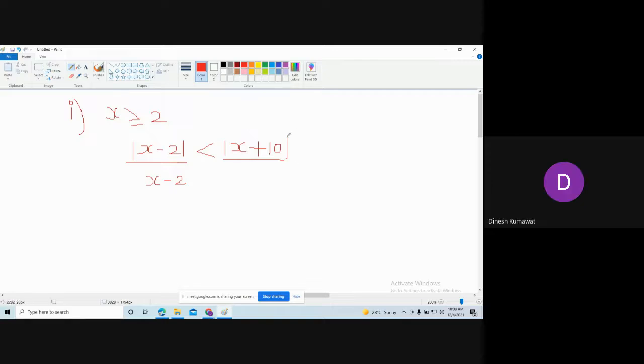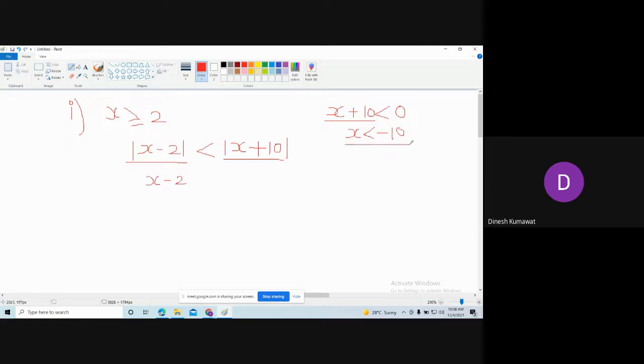See, this modulus is negative whenever this number is less than 0. Is it or not? Yes, sir. So whenever this number is less than 0, then only this modulus is negative. Not modulus, the number which is inside the modulus is negative. But this gives me what? x is less than minus 10.